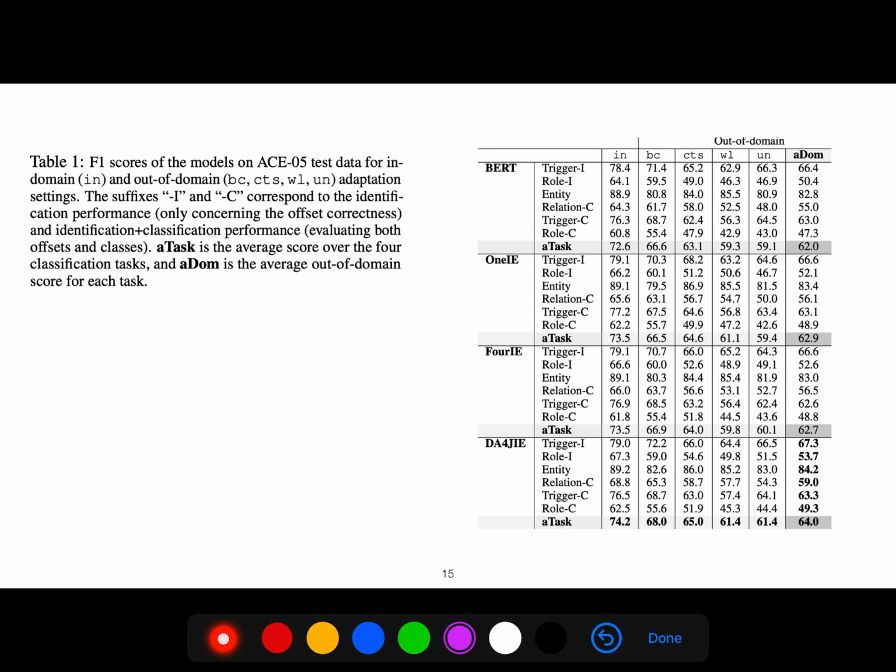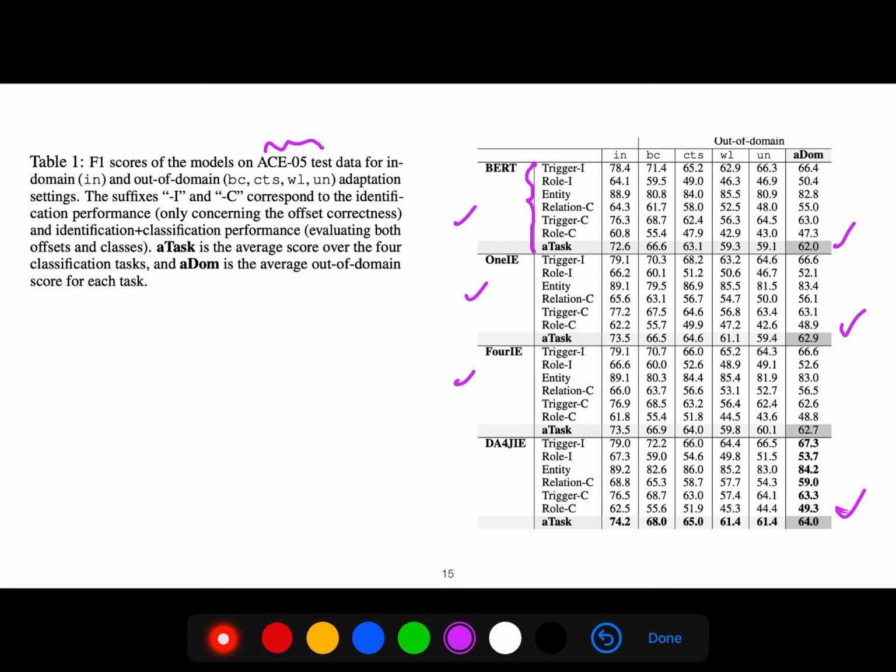So this is the F1 score of models on this simple dataset, ACE. But it's a very simple dataset. Even for this simple dataset, you see the F1 score is pretty low for different models and different tasks.